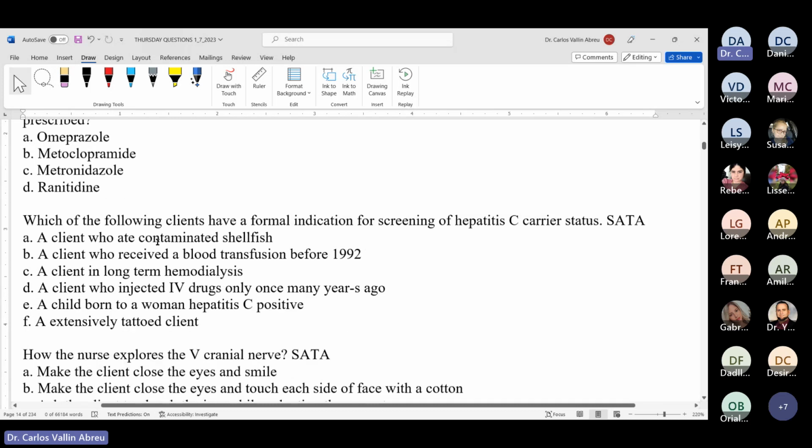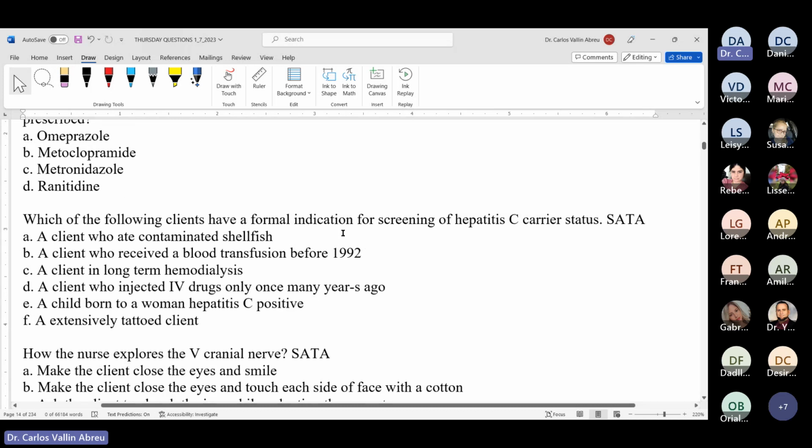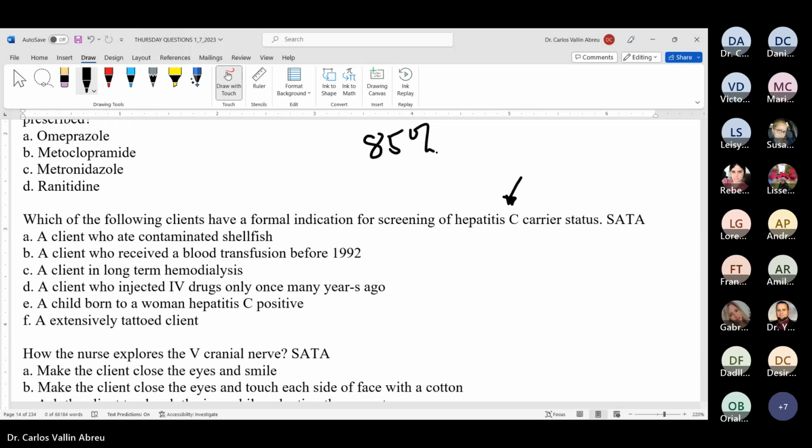Which of the following clients have a formal indication for screening of hepatitis C carrier status? You need to know that hepatitis C has a problem: when somebody gets the hepatitis C virus, I don't know exactly, but 85% of the clients will cure and eliminate the virus.